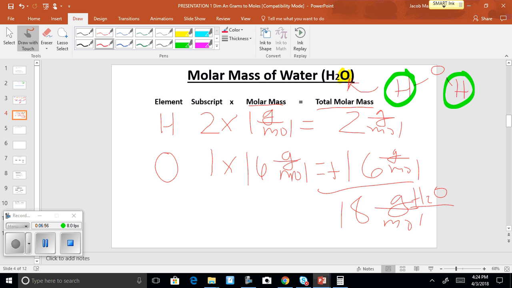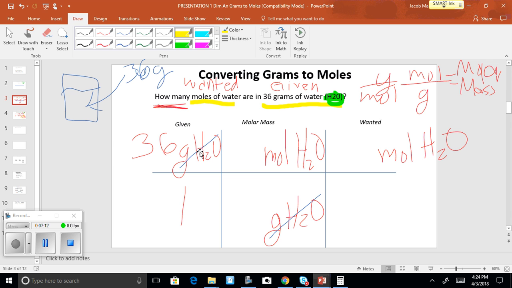Grams of H2O per mole of H2O. Here's my molar mass for water. 18 grams per mole. 18 grams of H2O per mole of H2O. So what am I going to do with this number? I'm going to go back to the previous problem. And I have here in this space my grams per mole.